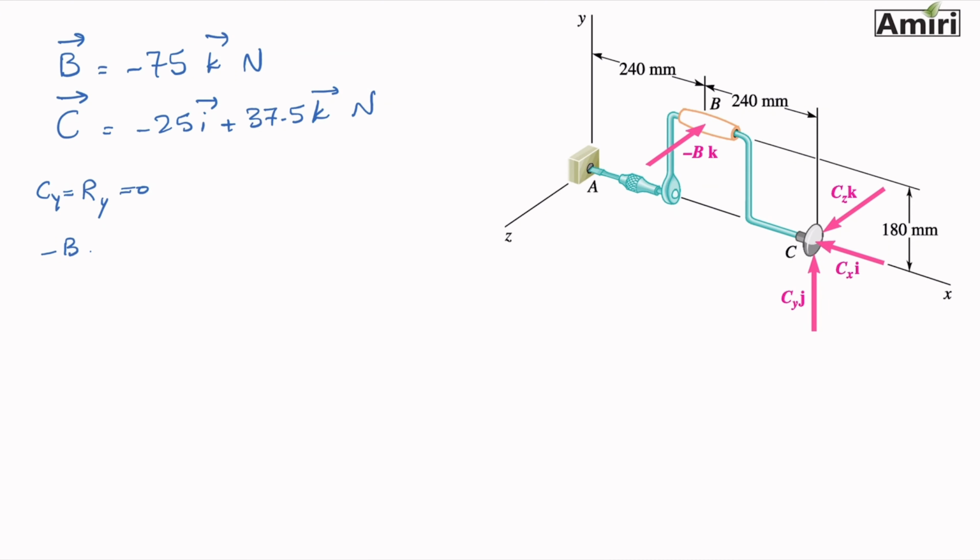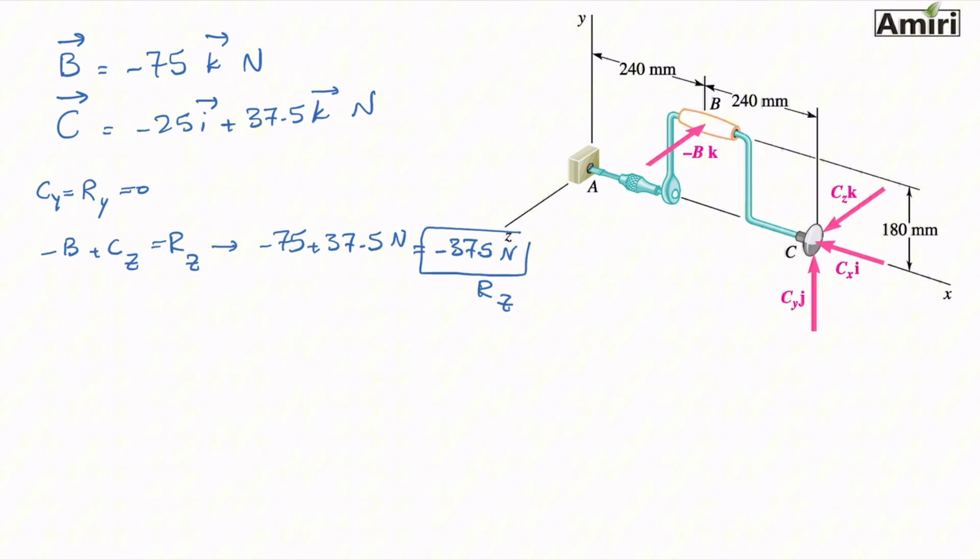I had minus B plus Cz equal Rz. So minus 75 plus 37.5 newtons equals minus 37.5 newtons, and that's my Rz. So I think I've fully solved part A and part B.